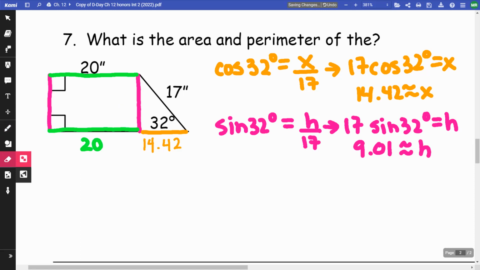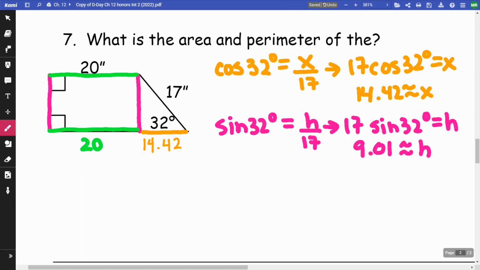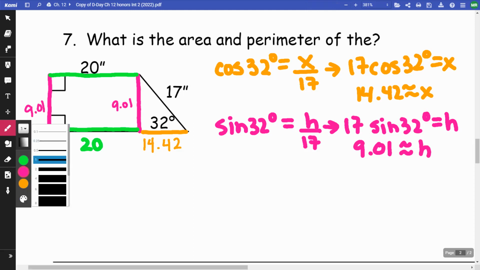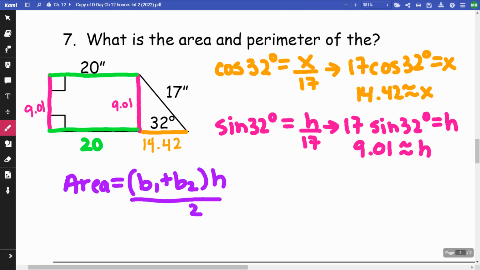So let me come back and put here that this is going to be 9.01. So at this point, I have enough information to figure out both my area and my perimeter. For my area, the area of a trapezoid is equal to base 1 plus base 2, that sum, times the height divided by 2.